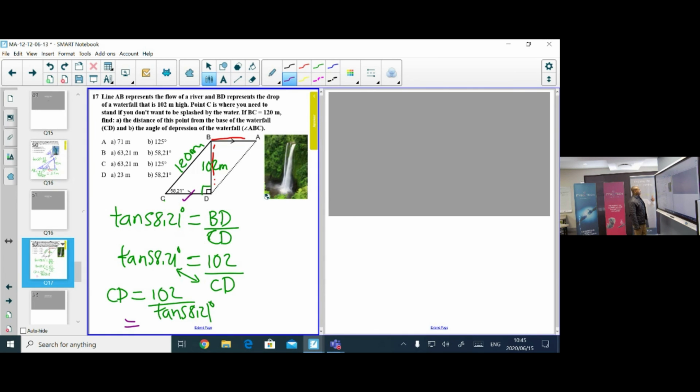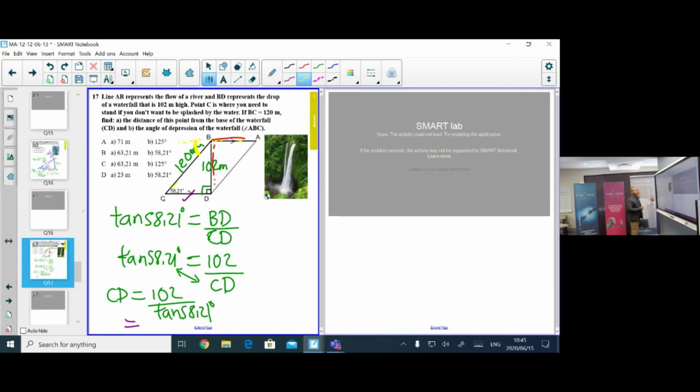Then the last part of the question is saying, what is the angle of depression of the waterfall? A, B, C. Okay, so depression means we are looking down from the top. So from the top, if we look down, the angle of depression is that.